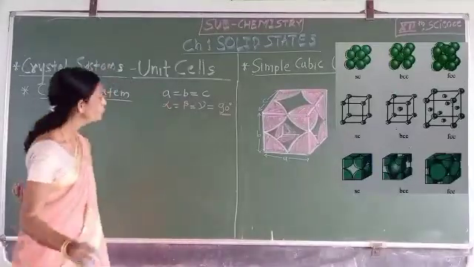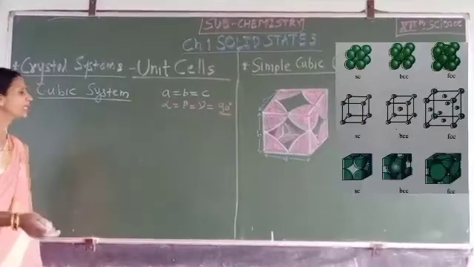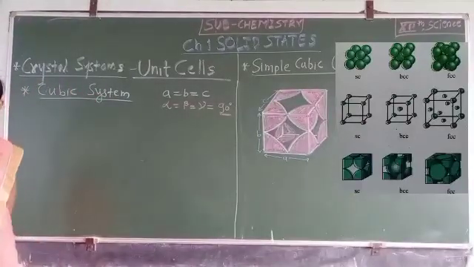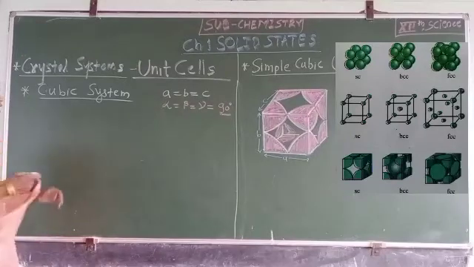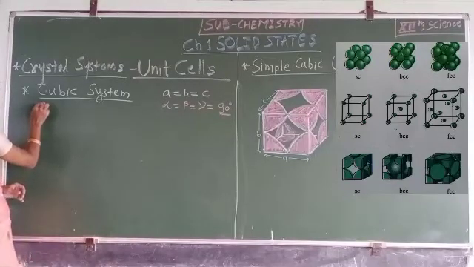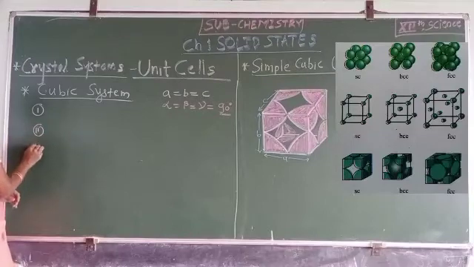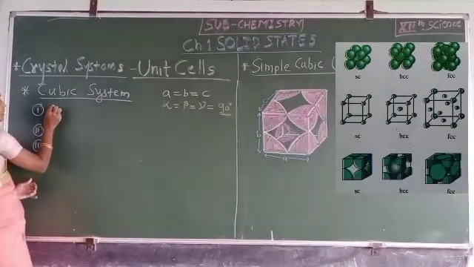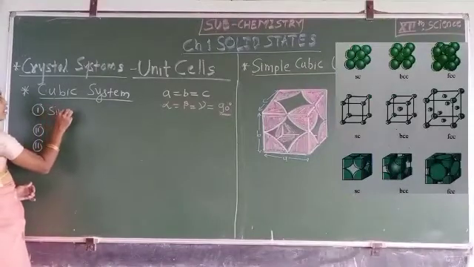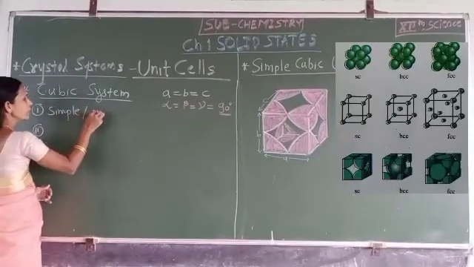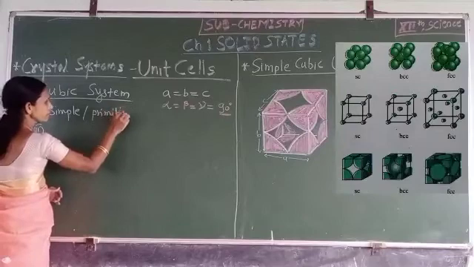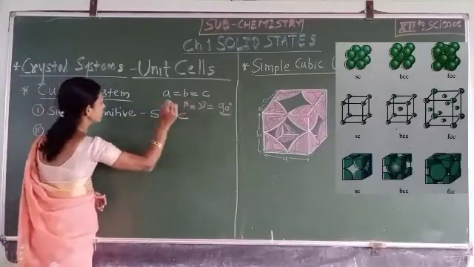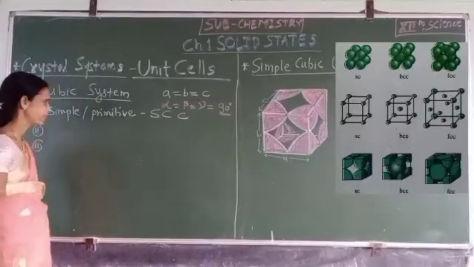Now we will discuss the cubic type of unit cell in detail. All of you have studied that there are three types of cubic unit cell. The cubic unit cell can be simple or primitive, which is known as SCC, the simple cubic unit cell.